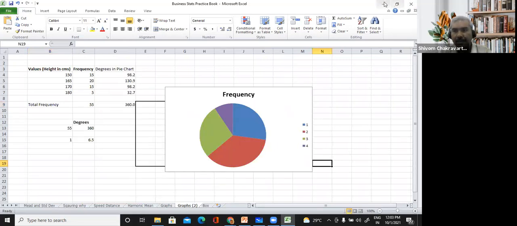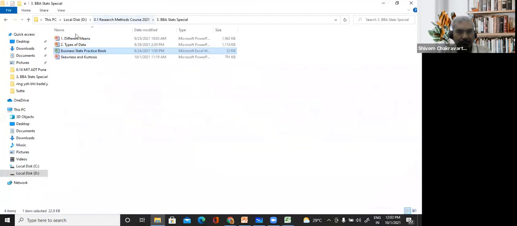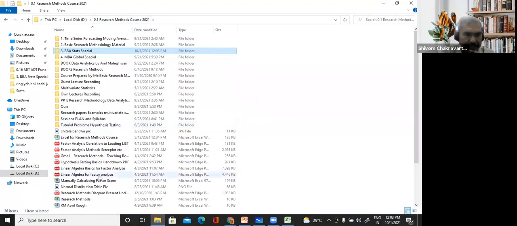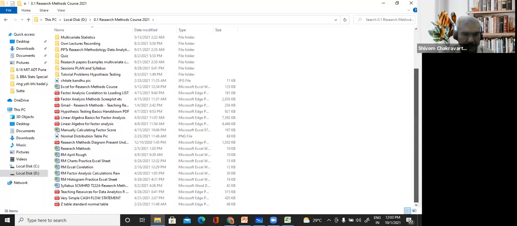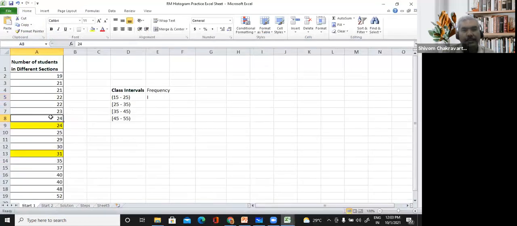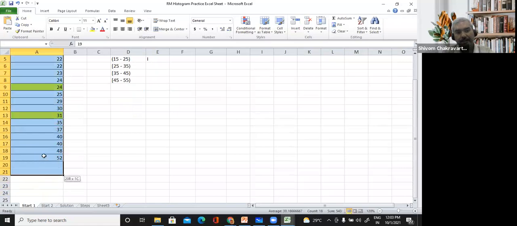And something we used last time, for this data also you can calculate the skewness, how skewed it is, or whether it is symmetric.